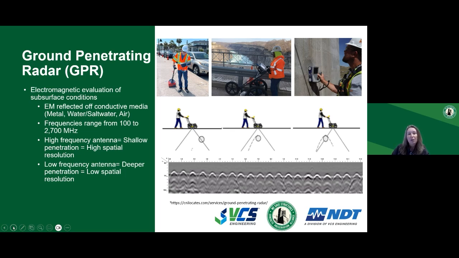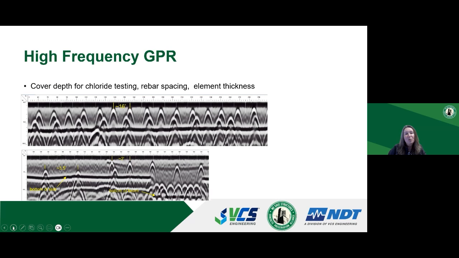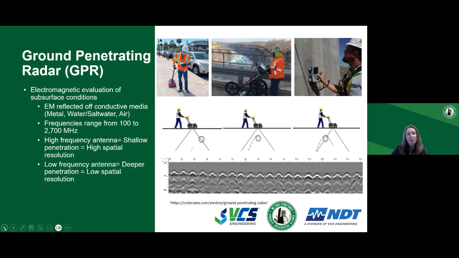In the soil, the reflections come from air-water interfaces or air-void interfaces, as well as interfaces between different soil types with very large differences in dielectric constant, for example, rock and sand. GPR units come in a variety of frequencies that range from 100 megahertz to 2700 megahertz.